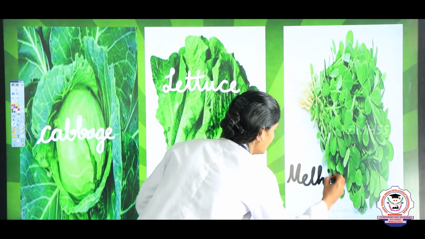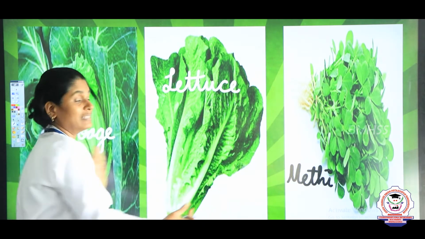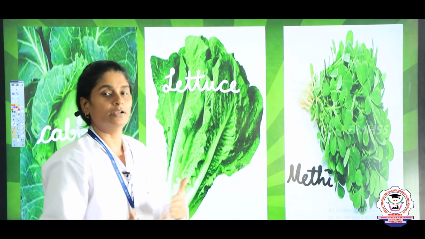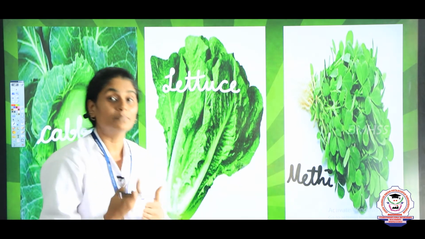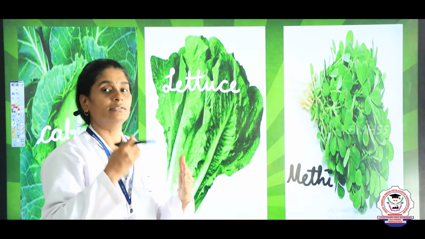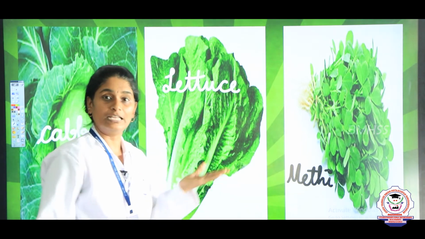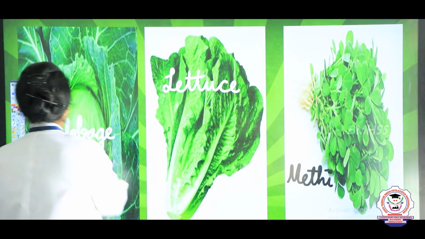Methi is nothing but fenugreek leaves. These leaves that we are eating, even the mint leaf and curry leaves, some leaves are very edible. We are eating the leaves because the food is stored in the leaf also. These are the examples of the leaf that we are eating.